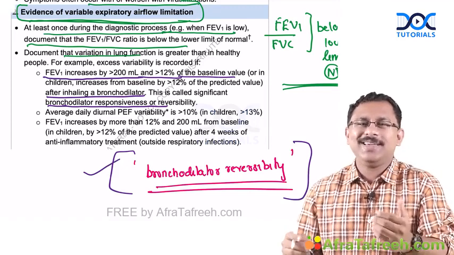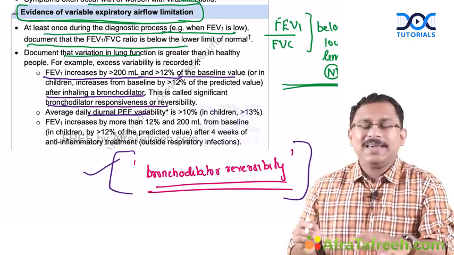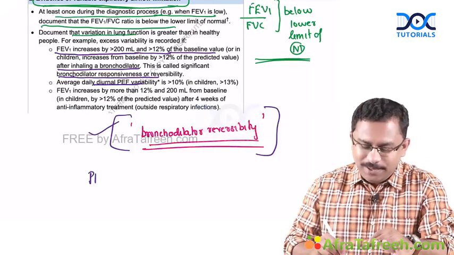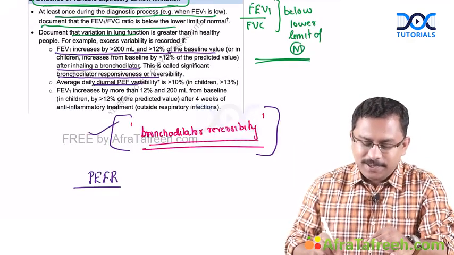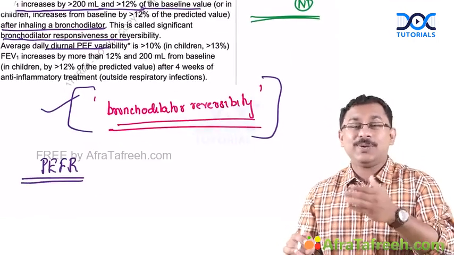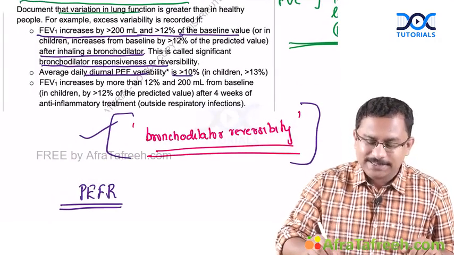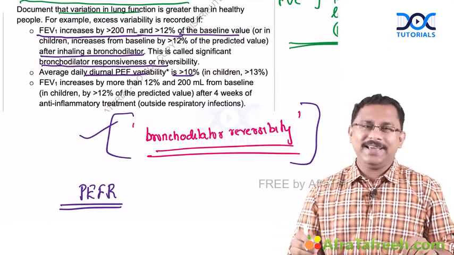Also, in addition to the FEV1, you can also rely on the peak expiratory flow rate. Okay, PEFR, that is your peak expiratory flow rate. That is, if the daily diurnal fluctuation of your PEFR is more than 10%, that again satisfies the criteria.